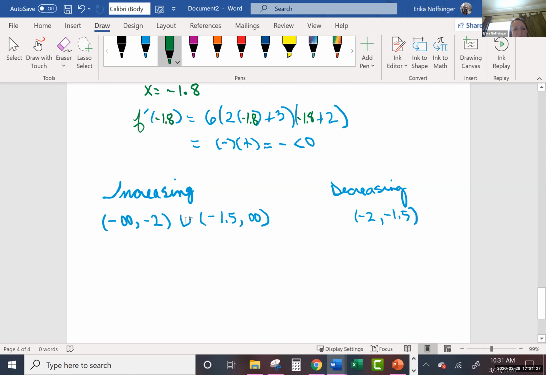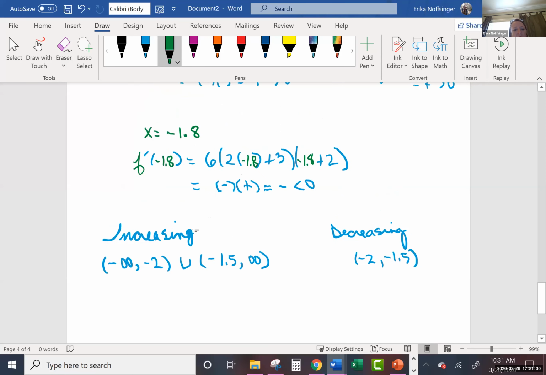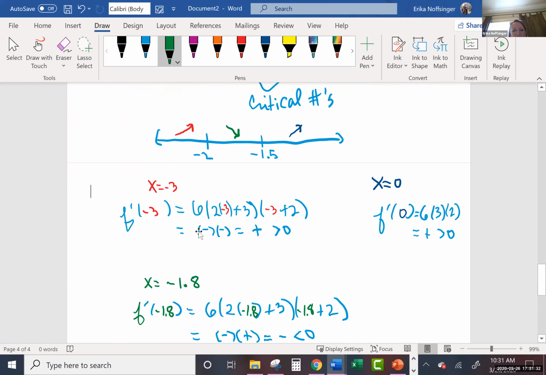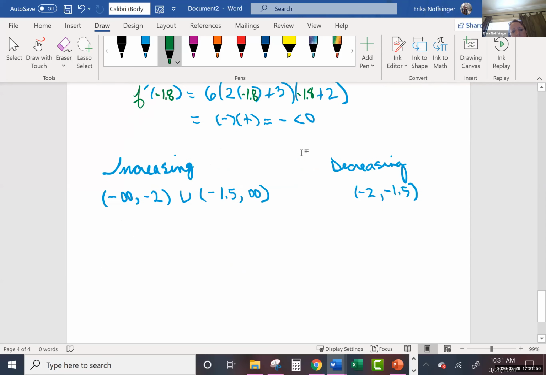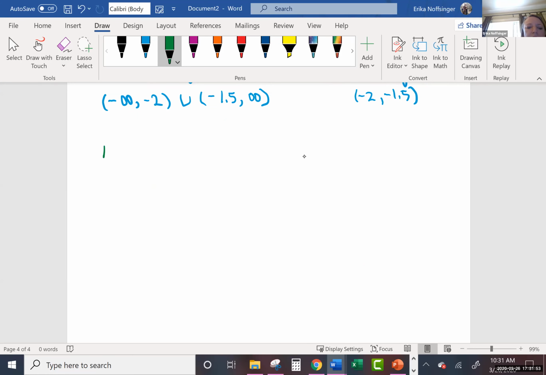And so if you look back at our chart, you can tell those are critical numbers and what type of critical numbers they are. So what type of value point is happening at x equals -2? And what type of value is occurring at x equals -1.5? So we got x equals -2 is where the max occurs.